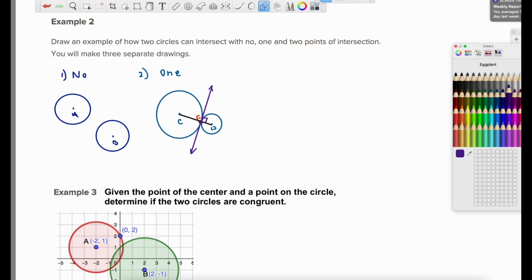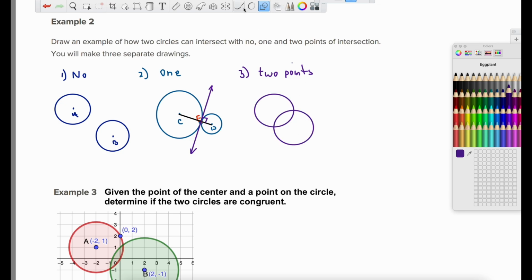And then the last one here, let's do it in eggplant. 3. We're going to have 2 points. And simply, we just draw two circles that intersect in two places, right?